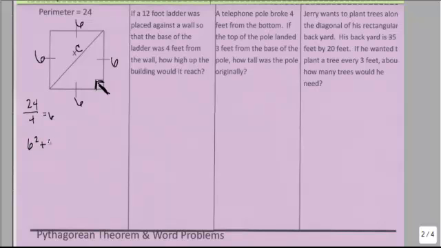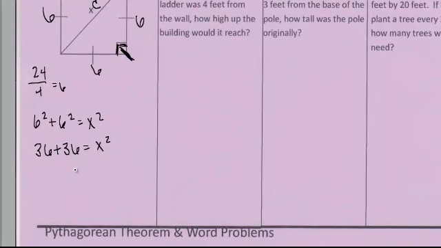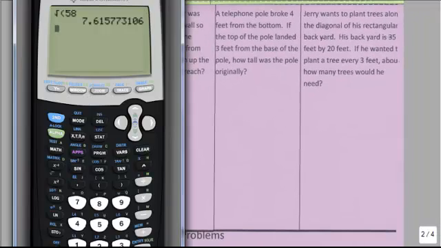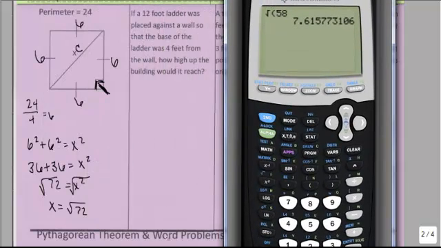We have 6 squared plus 6 squared equals x squared. 36 plus 36 equals x squared. 36 plus 36 is 72. Take the square root of both sides. And you can leave it x equals the square root of 72, or you can put it in your calculator to see what that gives you. .49.